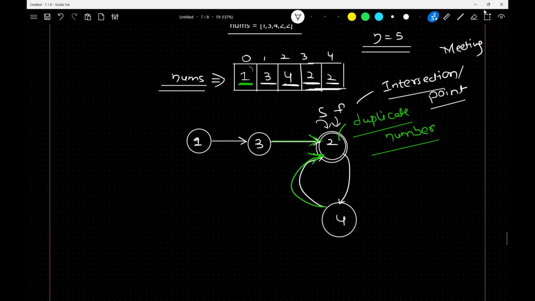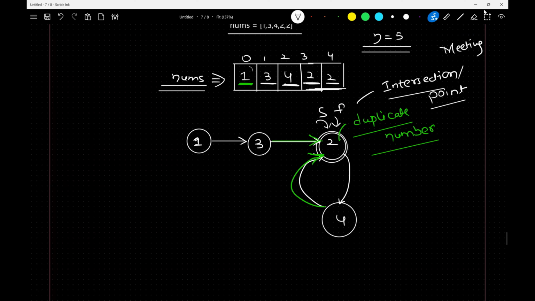That's why this is a duplicate node, a duplicate number. In layman's terms, try to understand how we can do the implementation. I'll show you, don't worry. As of now, just get the point of what I'm trying to convey. There is only a single node for which there are 2 references pointing in the complete structure. Can you observe? 4 is pointing to 2, and 3 is also pointing to 2. That's why it's a duplicate number.